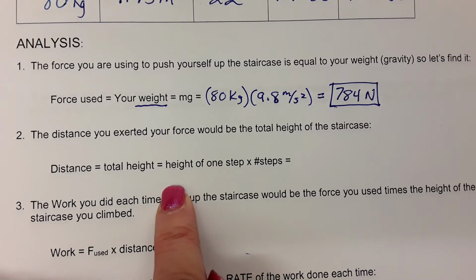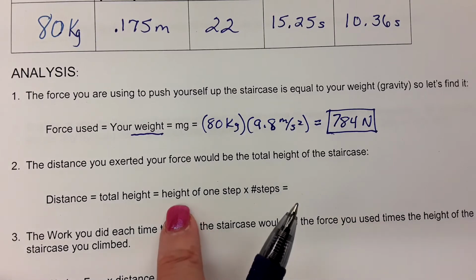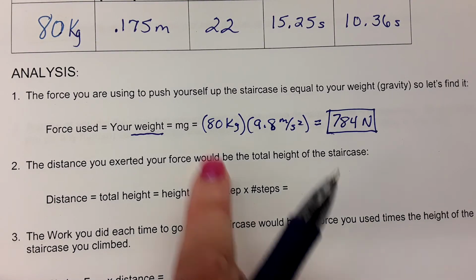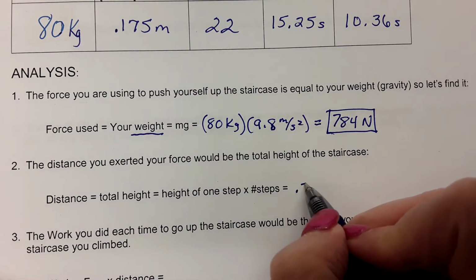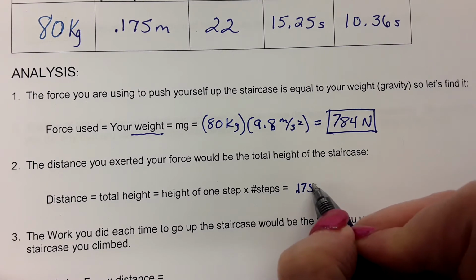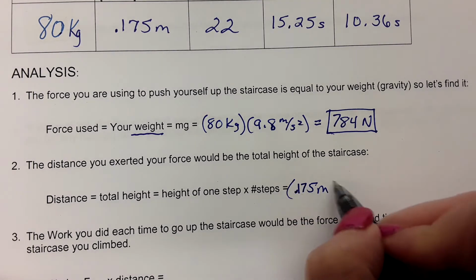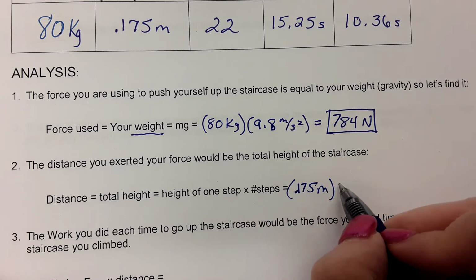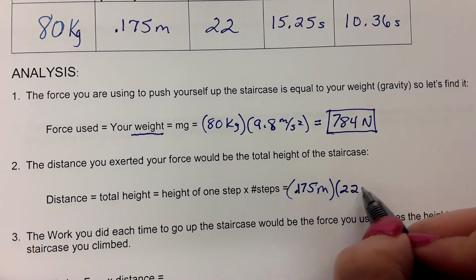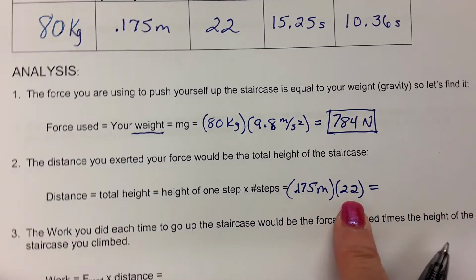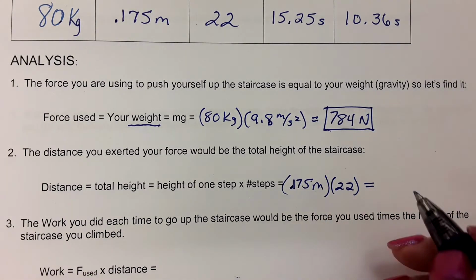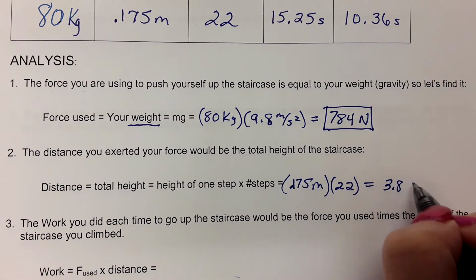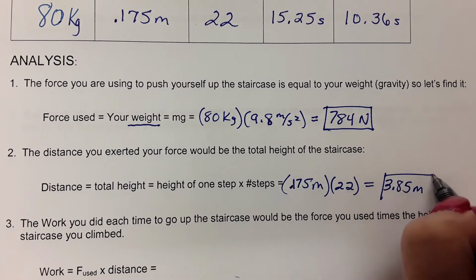What's the vertical height? So we said that would be the height of one step, which was 0.175 meters. There it is, 0.175 meters, times the number of steps that we had to go up, and that would be 22. If we calculate that on the calculator, we get 3.85 meters.